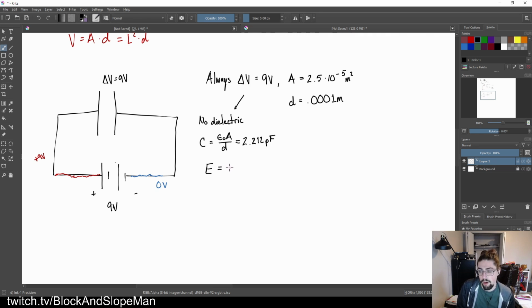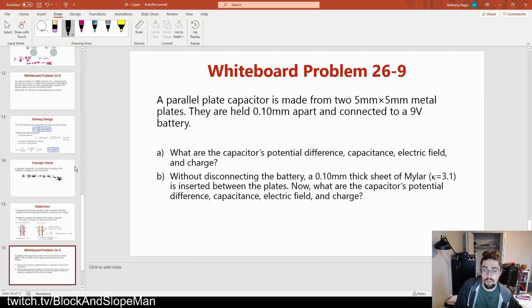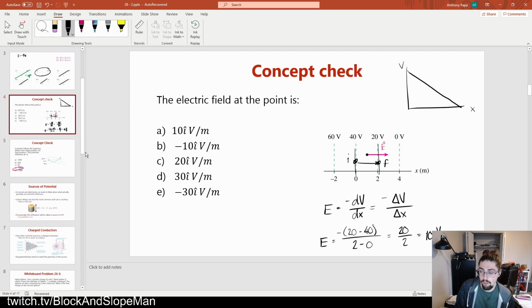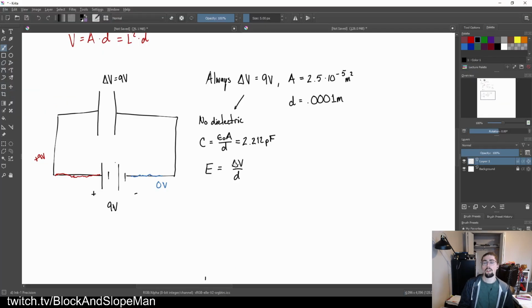So this is surprisingly easy to find. We could have said E times D is equal to delta V, or if we rearrange, E equals delta V divided by D, which we have seen all the way at the beginning today. We saw something very similar, right? Delta V divided by some delta X. In this case, it's D, the separation between those two plates.